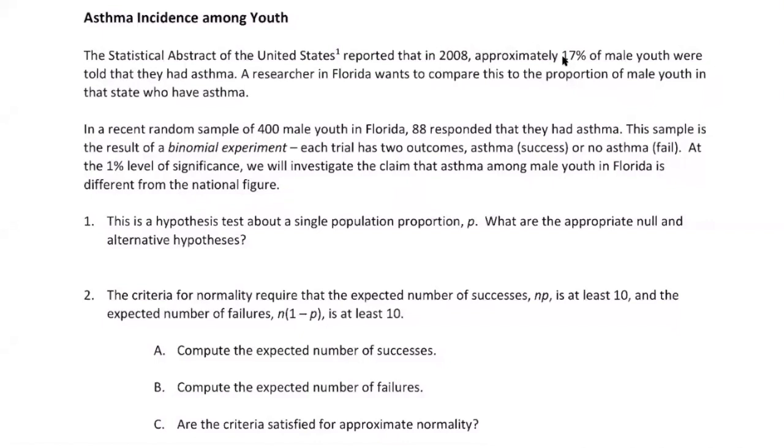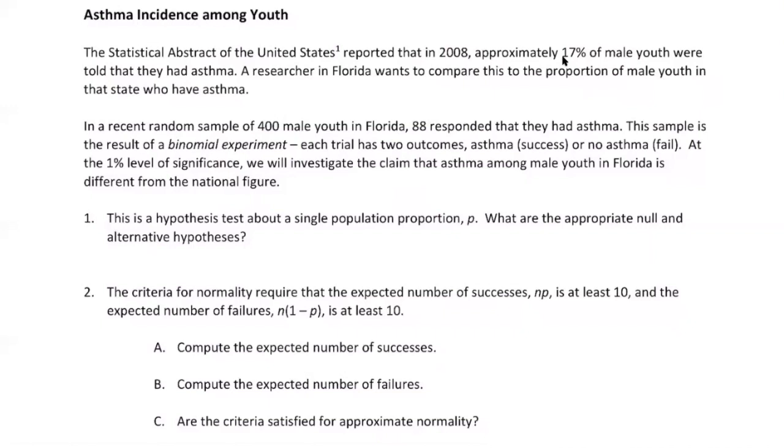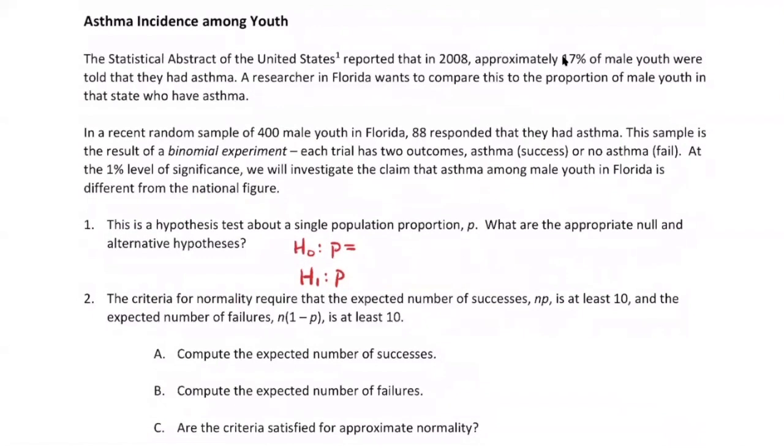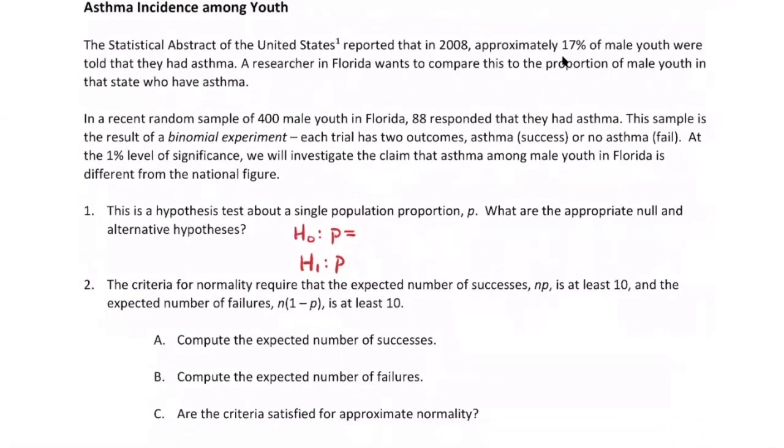Any questions? So that's going to be a two-tailed hypothesis test. This is a hypothesis test about a single population proportion. What are the appropriate null and alternative hypotheses? You did this on your last exam. The null hypothesis about a proportion has to be p equals something, and the alternative has to be p less than, greater than, or not equal to that number. The very last statement says that asthma among male youth in Florida is different from the national figure, so that's a not equal claim.